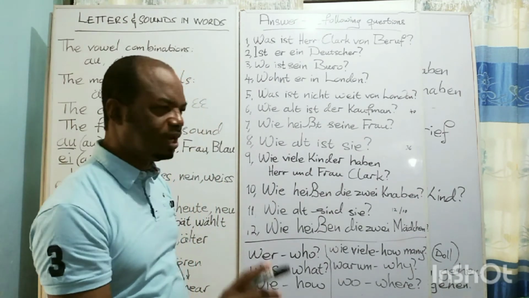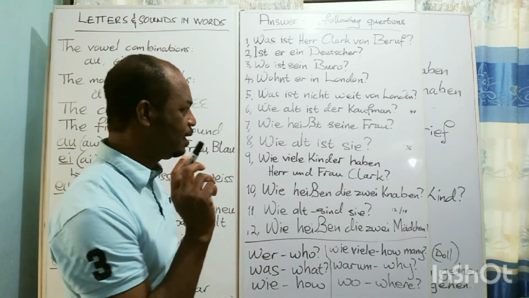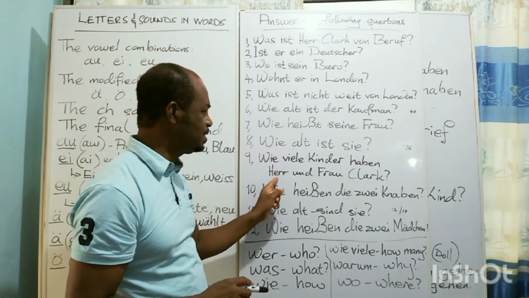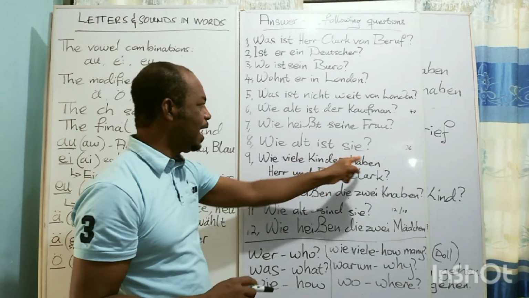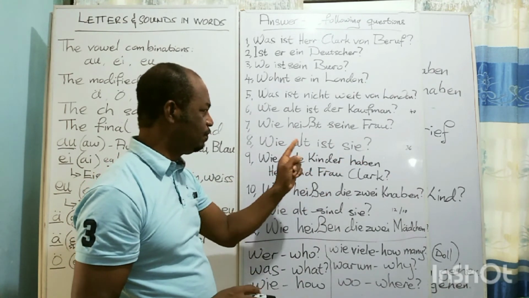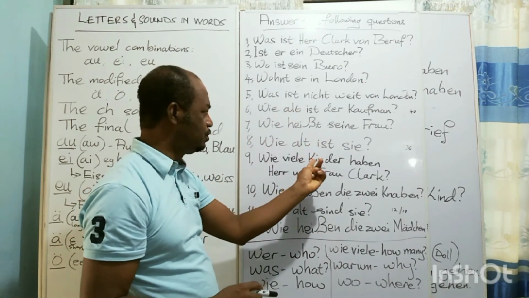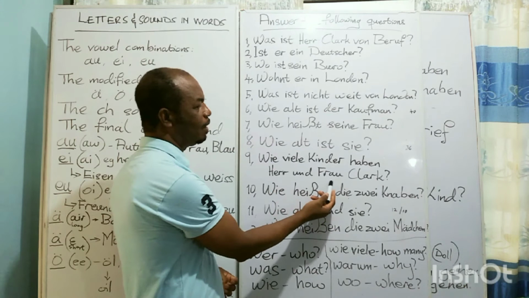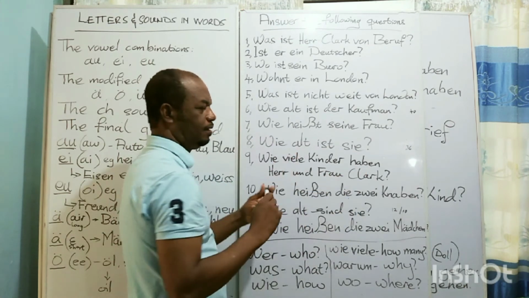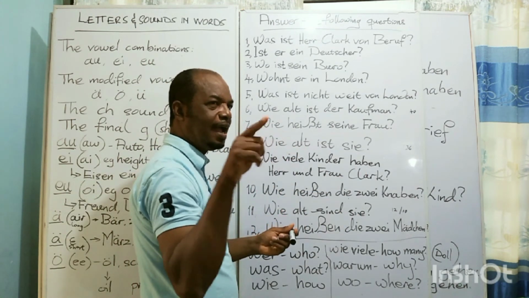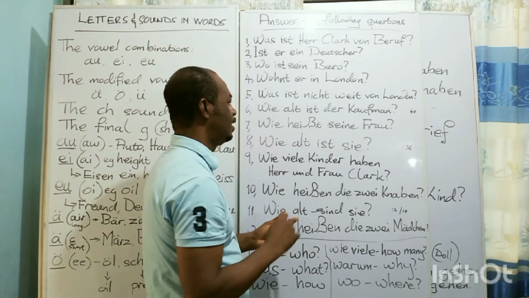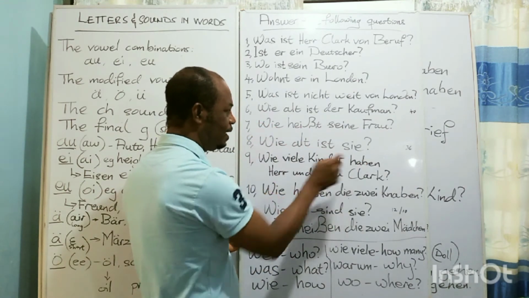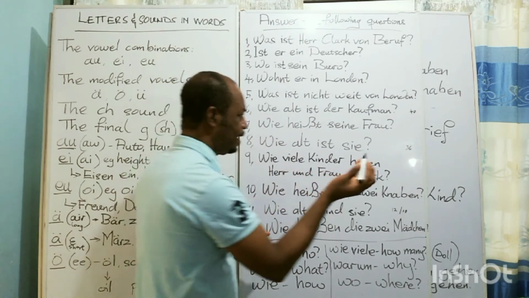Then you answer: Mr. and Mrs. Clark have 4 children. So your answer will be Herr und Frau Clark haben, then you write 4, V-I-E-R, 4 Kinder. Herr und Frau Clark haben 4 Kinder.